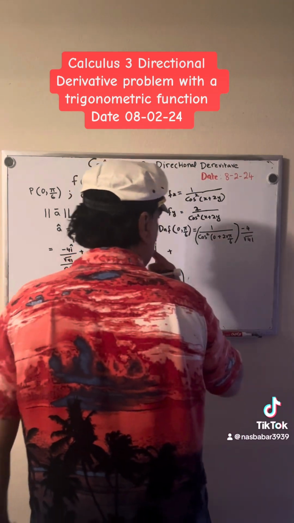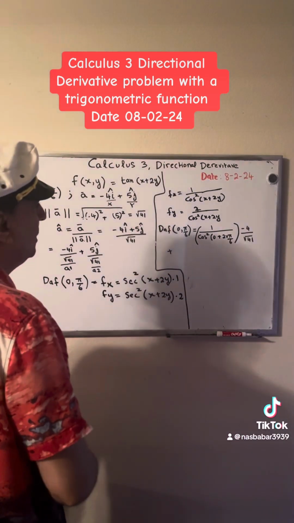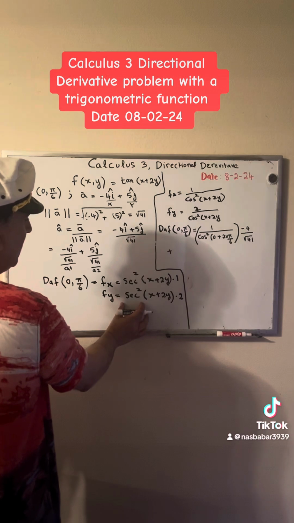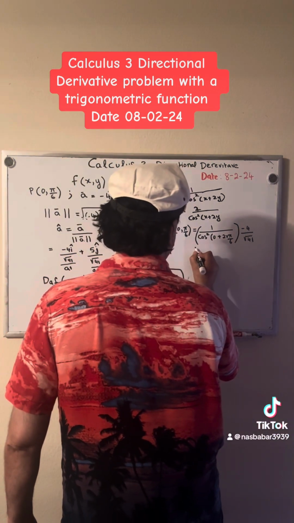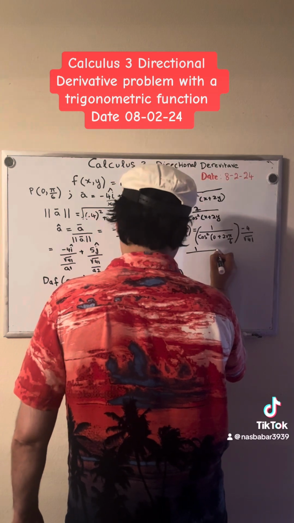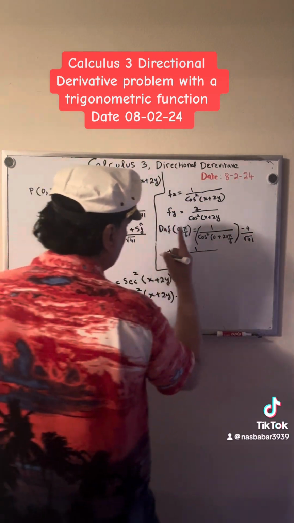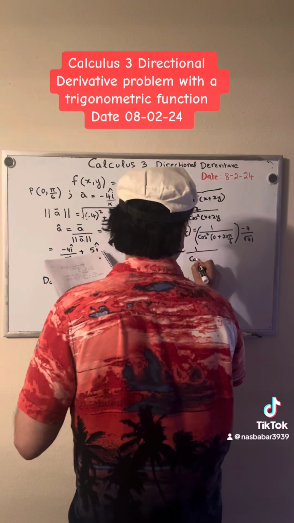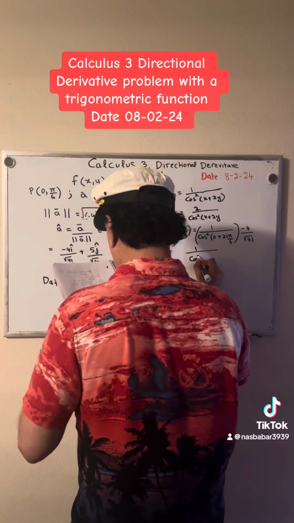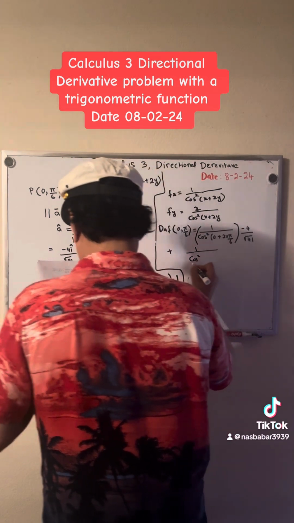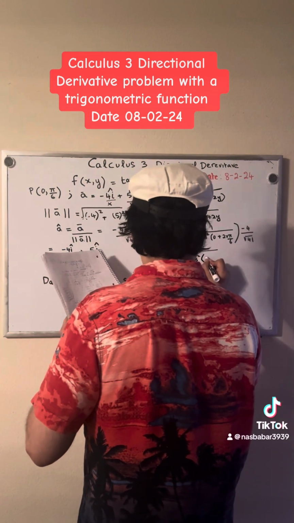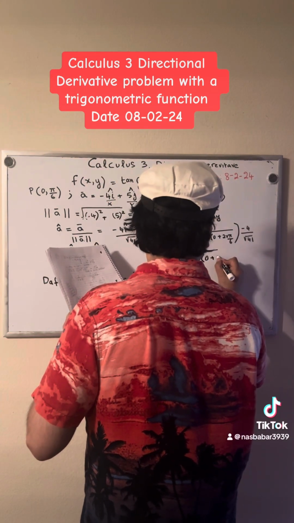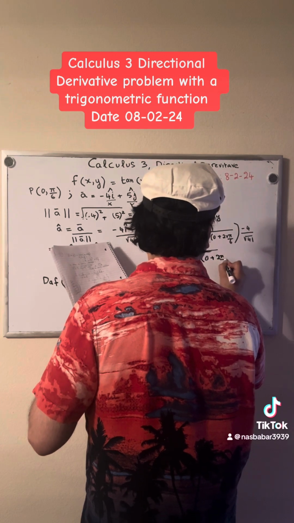Plus, you have to find the derivative fy. So I say 2 over cosine squared of (0 + 2 pi over 6).